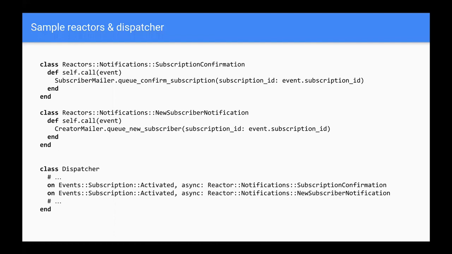Back to the dispatcher, you can see that I use the async keyword. We either have trigger or async. Trigger is for synchronous changes, and async will just queue that reactor into Sidekiq.